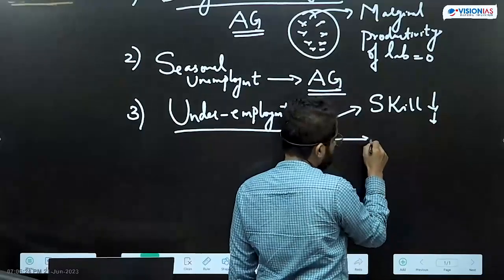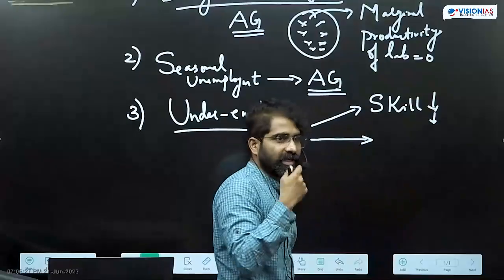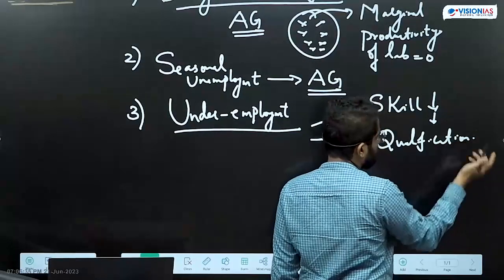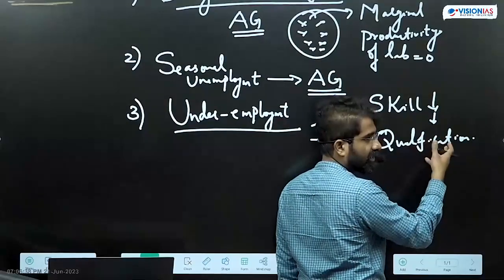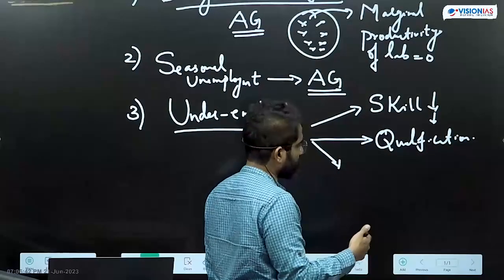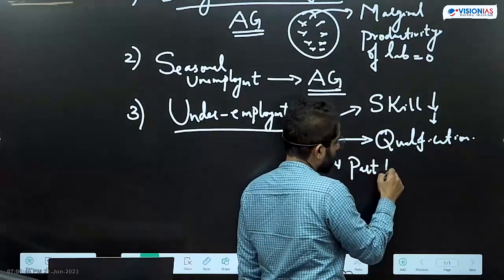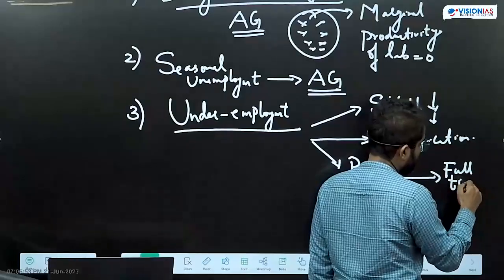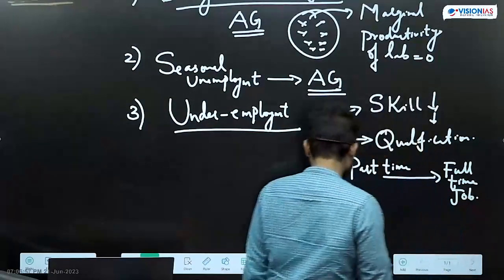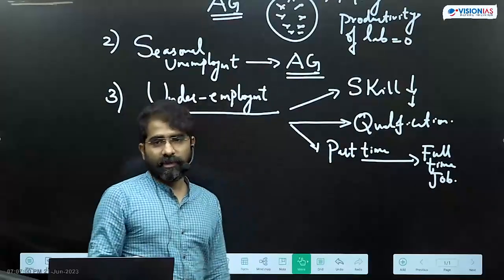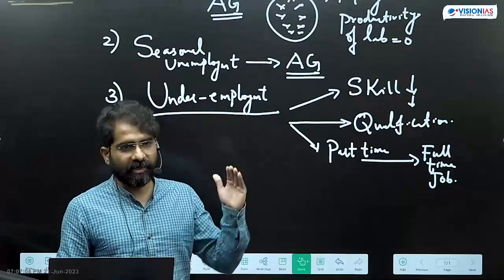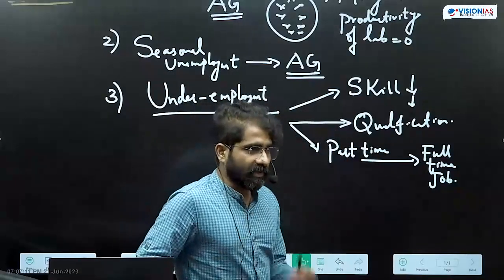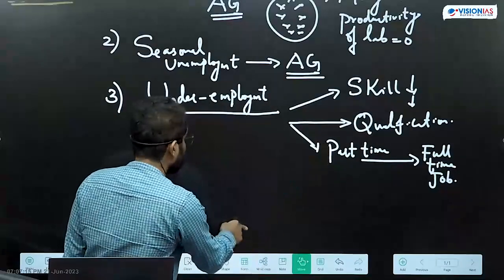Another is somebody whose salary is way below his qualification: his qualification is high, but the salary is very low. Or somebody working part-time or in gig work, but expecting a full-time job, and not getting it. So working below skills, paid below qualification, or part-timers looking for full-time work. This is a very big challenge in India.